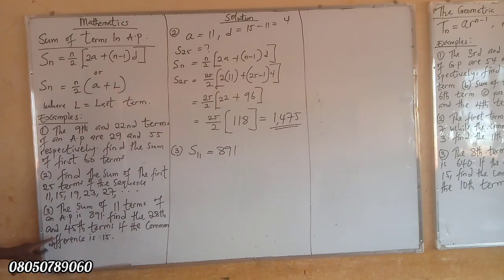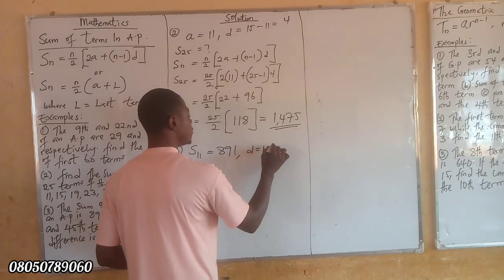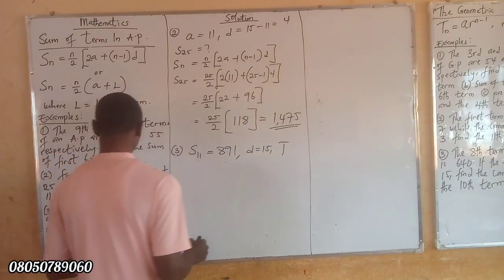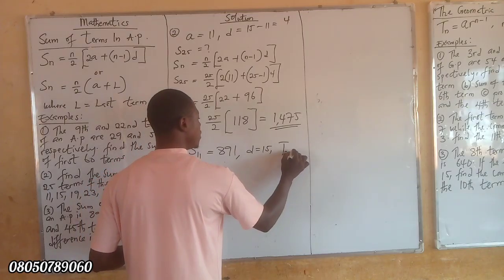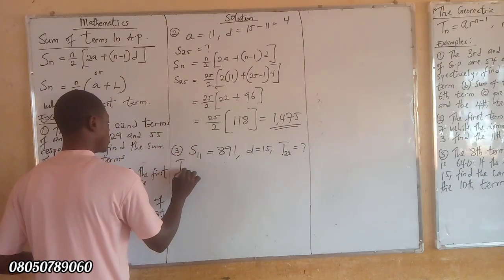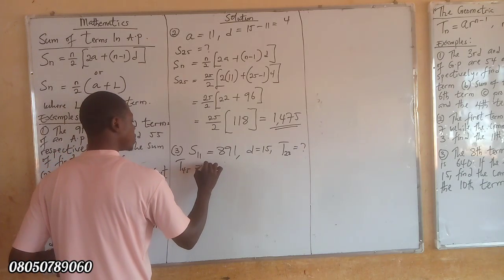Find the 28th and the 45th term if the common difference is 15. So the common difference too is given to be 15. So we are asked to find our T28, which is not given, and also T45, the 45th term, which is not given either.